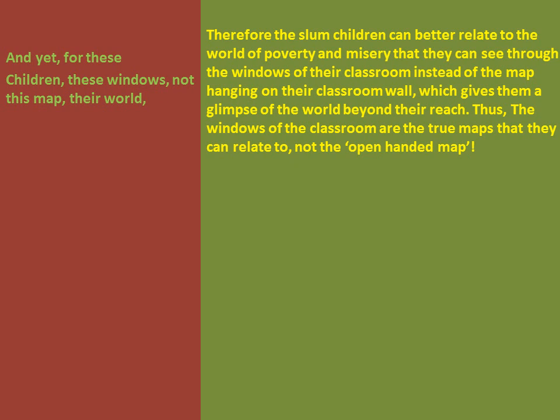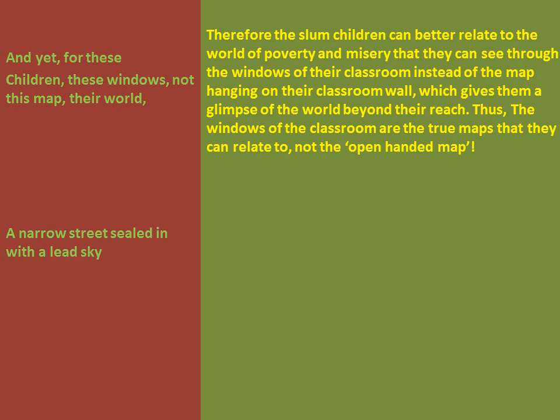The world that the map is providing to them is not their world, because that world is quite away from their reach. It is beyond their reach. And that is why the windows of the classroom are the true maps that they can relate to, not the open-handed map which has been hung on the wall of the classroom.